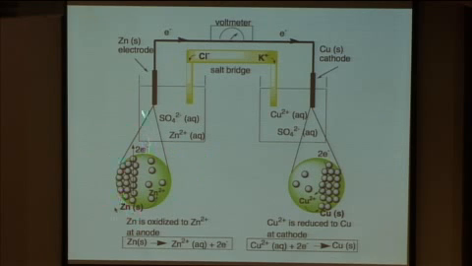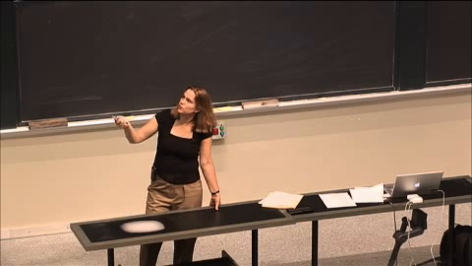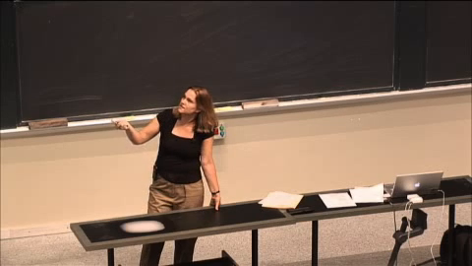You have zinc solid, or zinc 0, and you also have zinc +2 in solution. As a zinc solid atom goes into zinc +2, you have an oxidation reaction. And here would be the equation: zinc solid to zinc +2 with 2 electrons. Those electrons can go through to our other beaker on the other side.